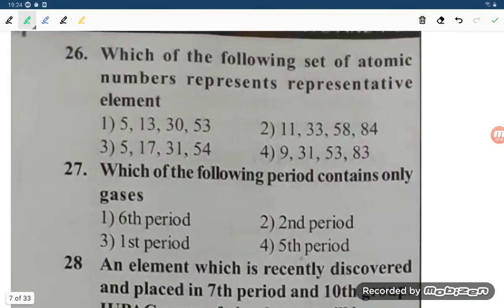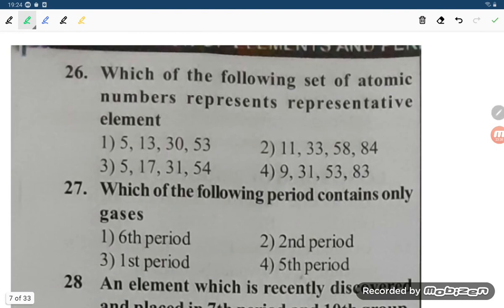Now let us move to question number 26. What is question number 26, student? Which of the following sets of atomic numbers represents the representative elements? So whatever the s and p series elements are, student, they are the representative elements. So for 26, these elements are 9, 31, 53 and 83.